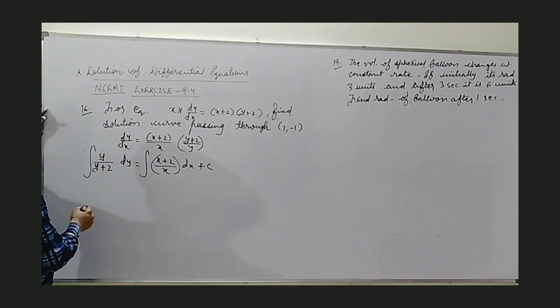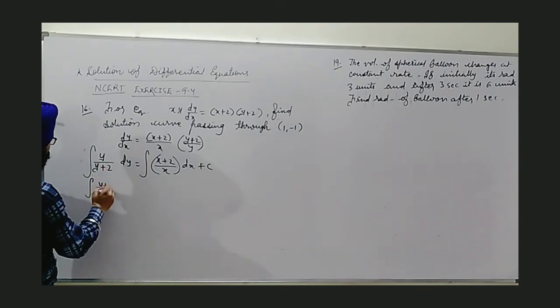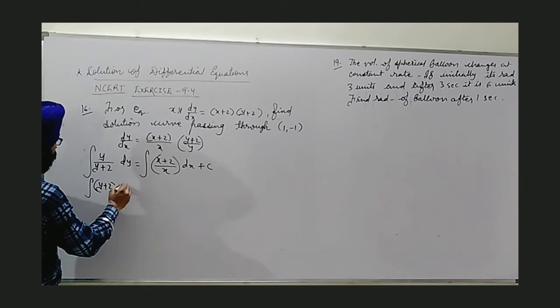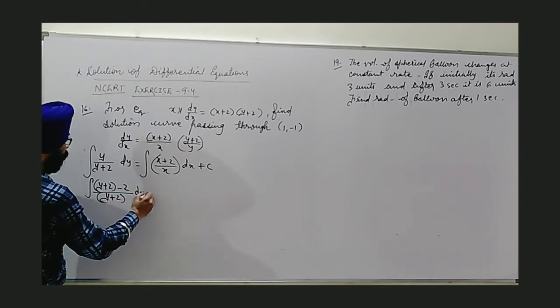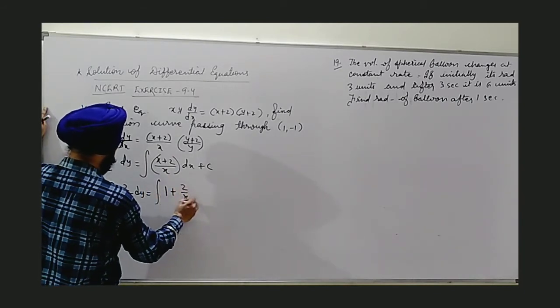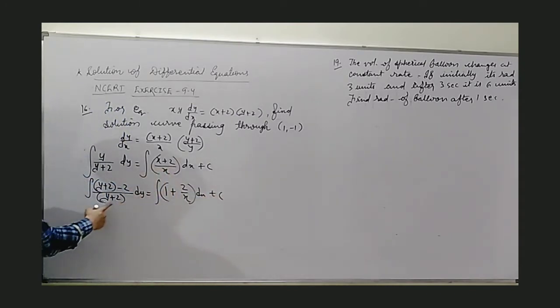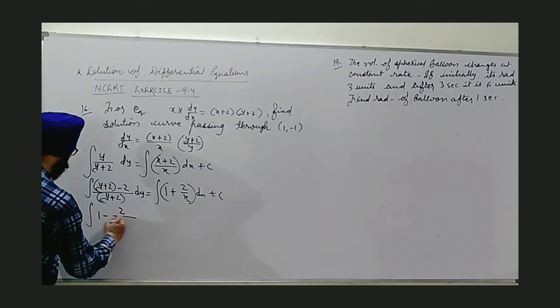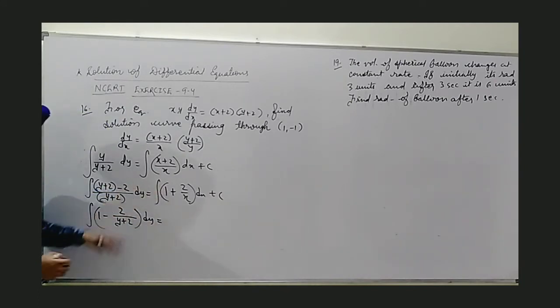Now when we integrate, this can be written as (y plus 2 minus 2) upon (y plus 2) dy. Here this can be separated as 1 plus 2 upon x. We could separate the denominator. Here also we will do the same thing, so it becomes 1 minus 2 upon (y plus 2) dy. Now this is integrable. Here it was already done.